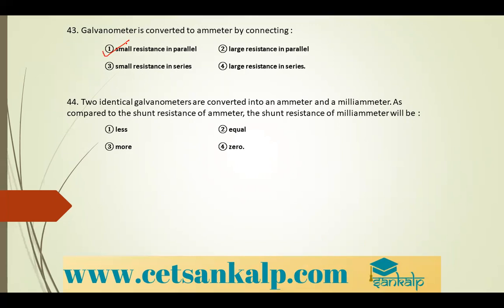As compared to the shunt resistance of the ammeter, the shunt resistance of the milliammeter will be, since you can say the range of milliammeter is less than the ammeter, so the shunt resistance of milliammeter is more than the ammeter.